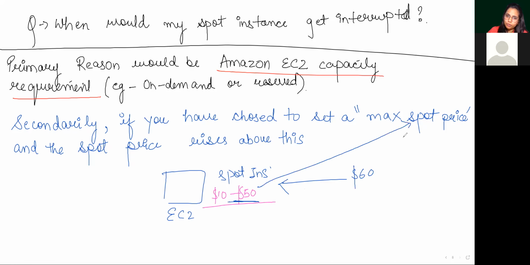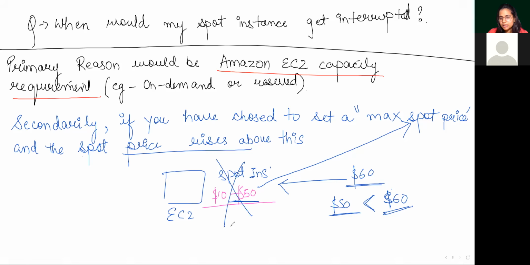If the spot price rises above this, meaning your maximum price was 50 but now the instance is worth more than this, then this instance will be cancelled and the capacity will be asked back, and it will be given to the person paying $60. Getting it? Is it making sense to you now? Yeah, it's making sense. Any queries you have?